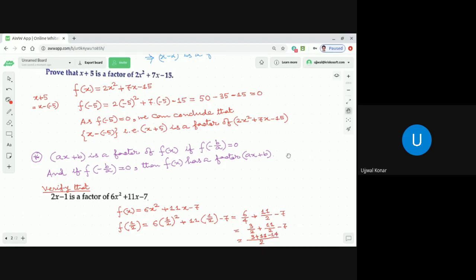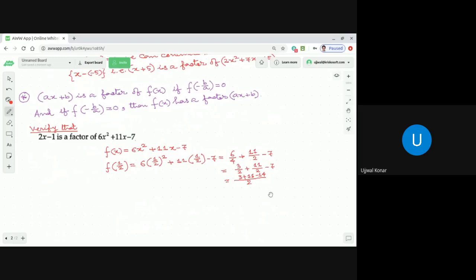So 3 plus 11 is nothing but 14, correct? So 14 minus 14 divided by 2 is 0 by 2, that is equal to 0. So whatever problem we need to solve, we should solve it very confidently.